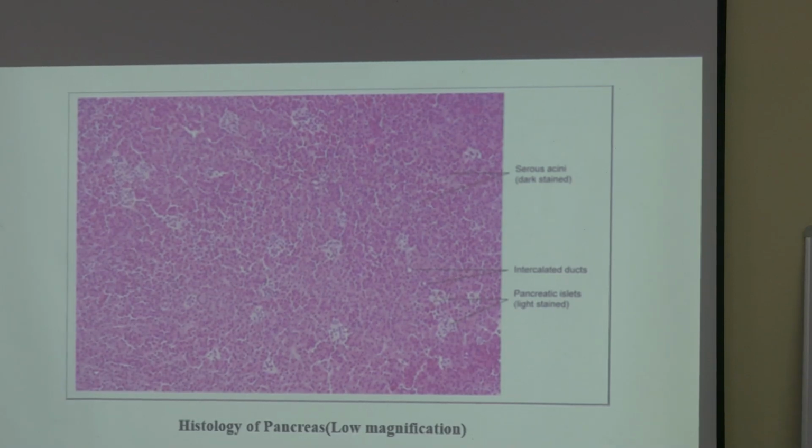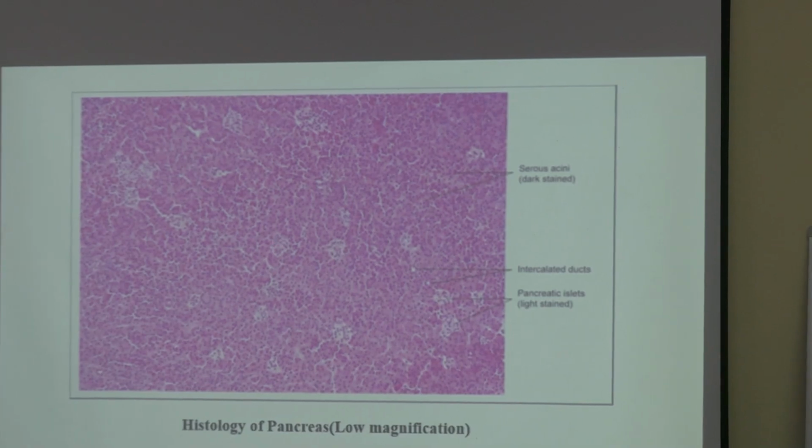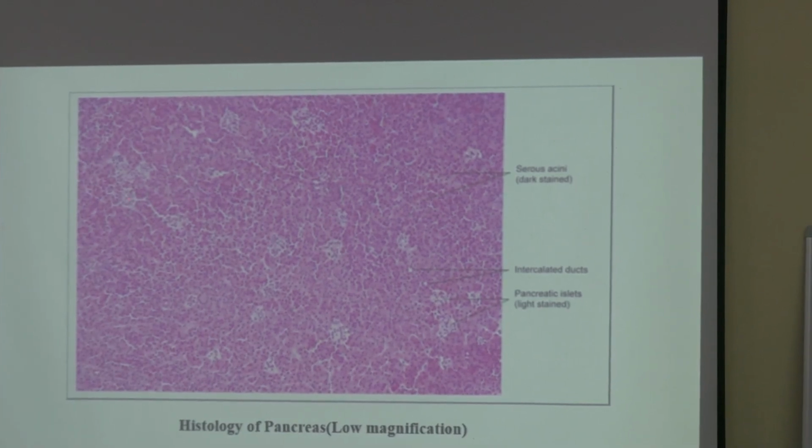Next, can you identify the islets? How can you identify them? They are pale staining. Look, these are the pancreatic islets. This is one islet. Then see this, these are the islets. But here it is very difficult to identify the ducts. These are the ducts, but it is very difficult to identify them.